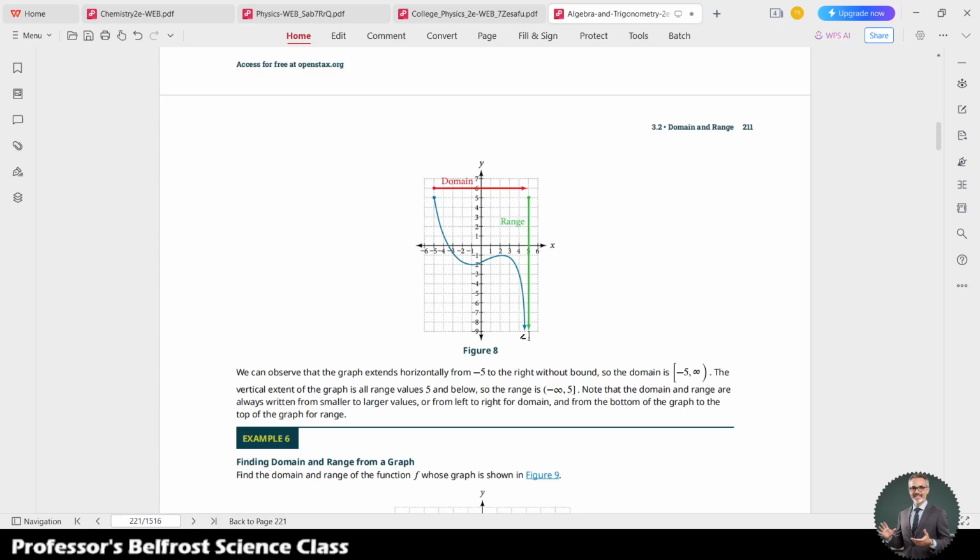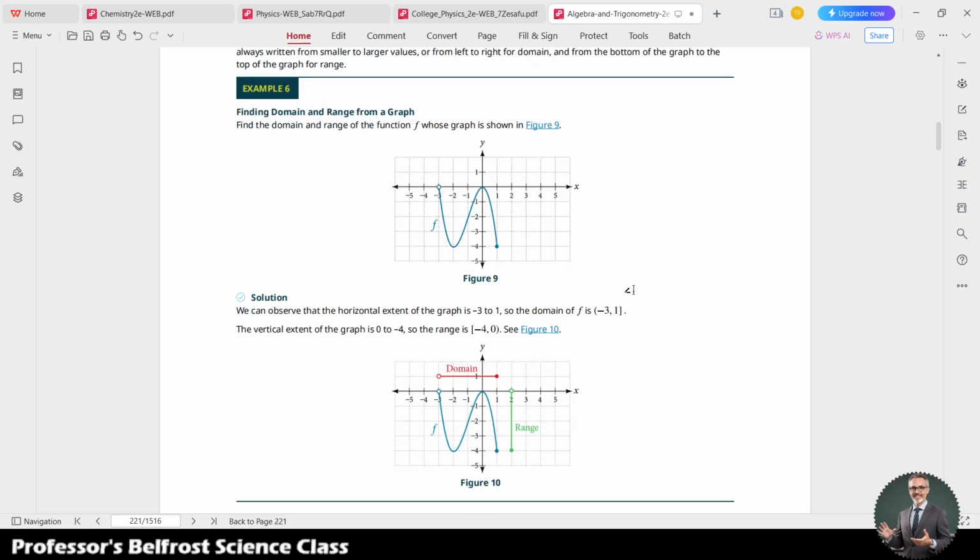But actually, I think that this will not go to a very great number, but approximately to 5. I don't know how to write it, we just follow it. So the vertical axis of the graph covers all range values 5 and below. So the range is minus infinity to 5.